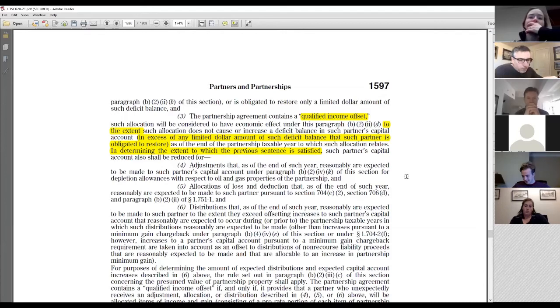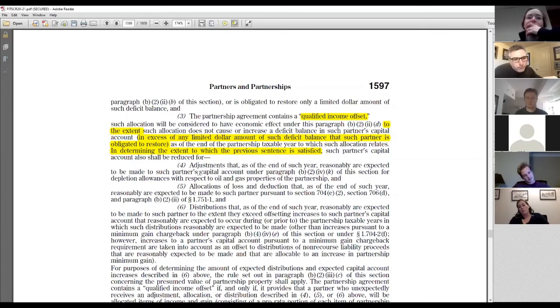So that's what this does. And so it says, in determining basically how low you can go, whether your capital account would go impermissibly negative, you adjust such partner's capital account. Now, these are not actual adjustments. These are pro forma or hypothetical adjustments, because none of this has happened yet. You don't have to worry about 4 or 5, 4 dealing with oil and gas, 5 dealing with stuff you don't have to worry about. 6 is the one.